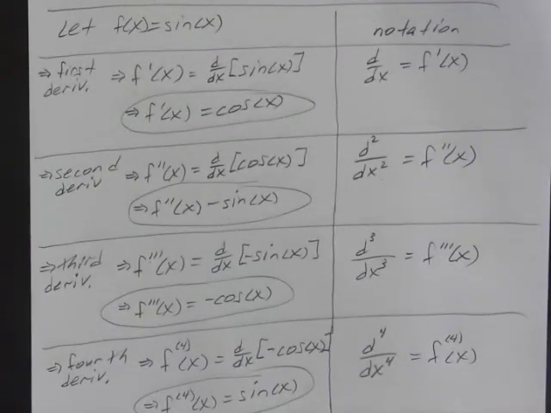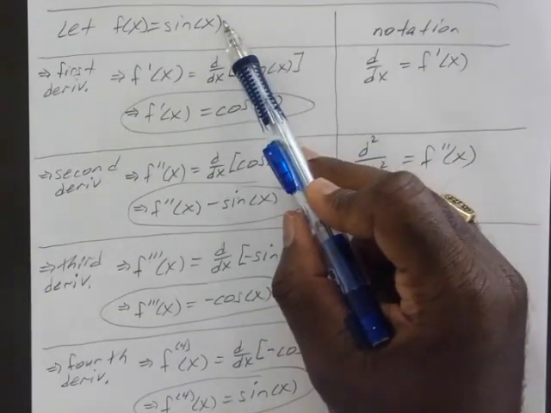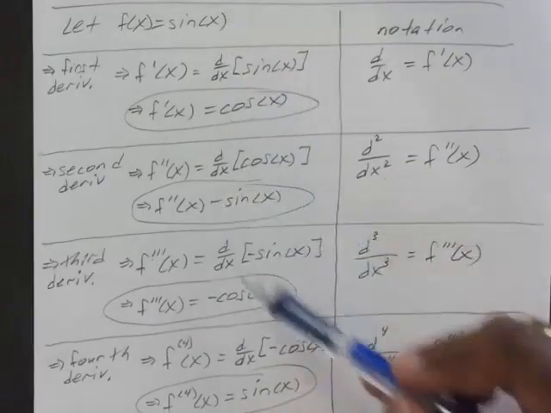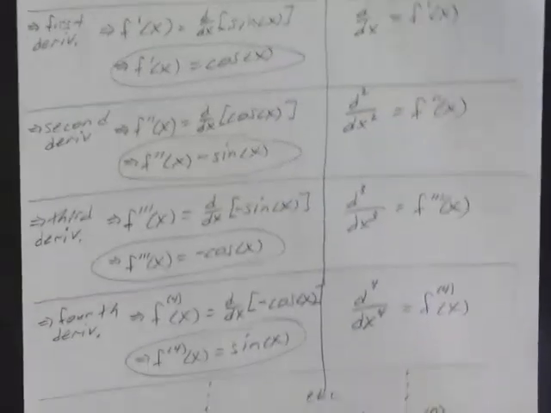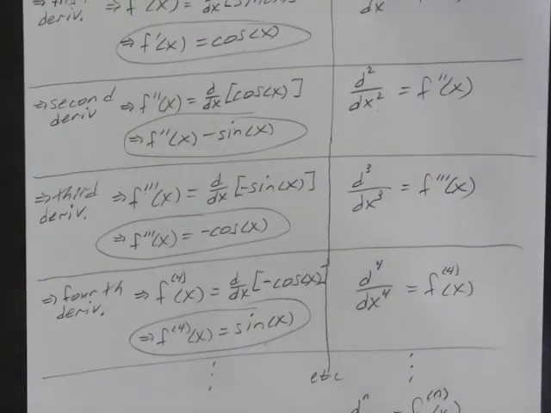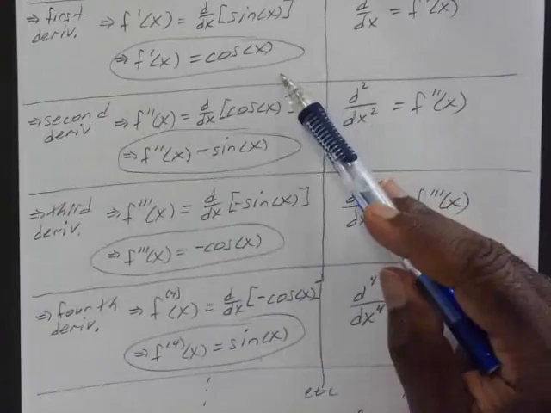Okay. So if you notice, you start at sine of x. First derivative, second derivative, third derivative. The fourth derivative, you end up right back at sine of x, and you start all over again. So really, it's just that continuous cycle. When you get to the fourth derivative, you go back to sine of x. Fifth derivative, you'll be cosine of x.